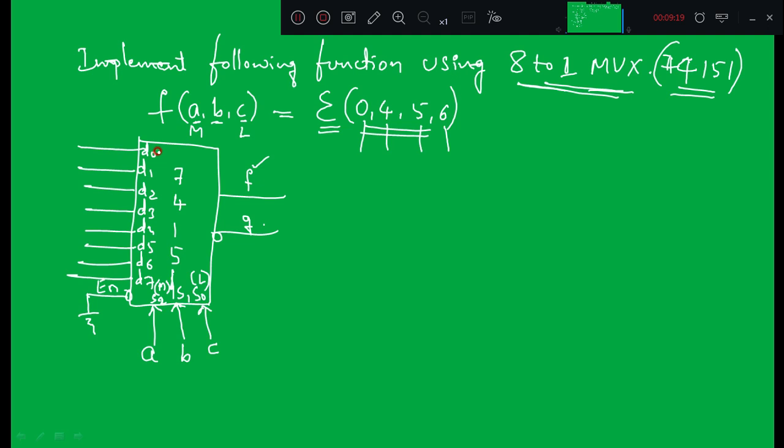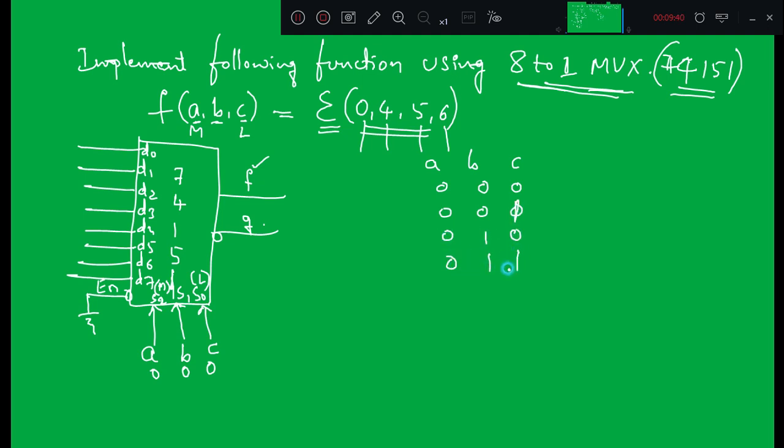When the input is 0 0, output D0 is selected, like that. When select lines are 0 0 0, because there are 3 inputs A, B, C, how many combinations can I write? 8 combinations, right?